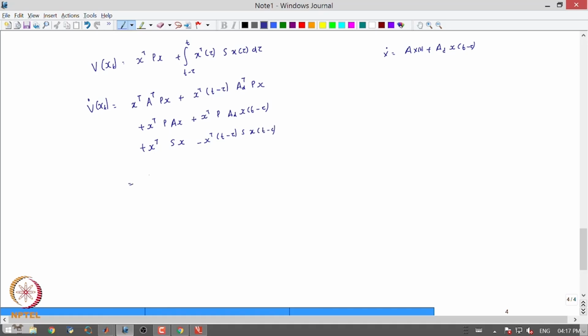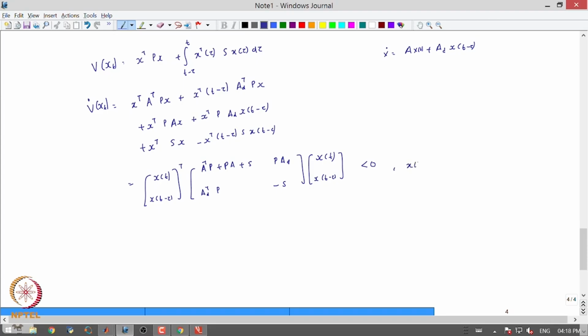And I rearrange terms in the following way. I have x(t) here, and I have x(t minus tau) with a transpose. What I am left with here is A transpose P plus P A plus S, P A_d, the transpose of this, and minus S, acting on x(t minus tau), and this should be less than 0.